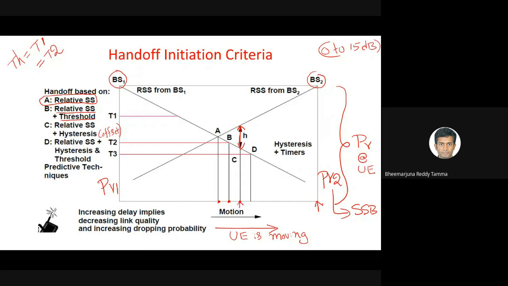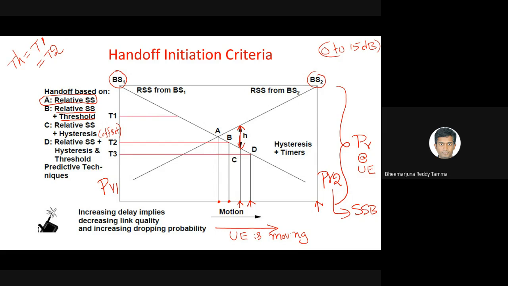And again, there is also a fourth case where you not only use the hysteresis, you also use a threshold. It's a combination of using a hysteresis margin and threshold. So depending on how you choose the threshold, if you say that my threshold is T3, not T1, not T2, then the handover doesn't happen at point C, the handover happens at point D. Because only at point D, the relative signal strength is higher for base station 2, the threshold T3 has been satisfied, and the hysteresis margin is also met.